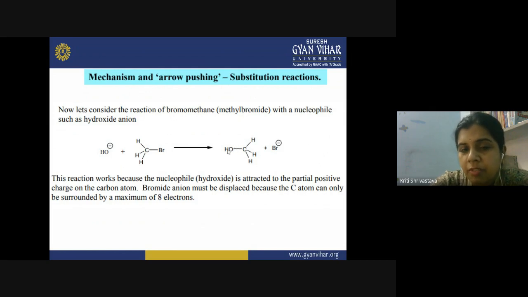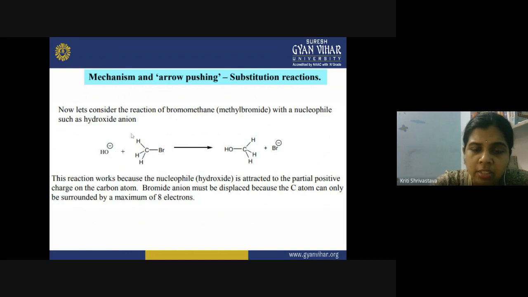Because the nucleophile has performed the substitution, you call it a nucleophilic substitution. This reaction works because the nucleophile hydroxide is attracted to the partial positive charge on the carbon atom. The bromide anion must be displaced because the carbon atom can only be surrounded by a maximum of 8 electrons. So it is not possible for the carbon atom to combine with both the hydroxide and bromide.